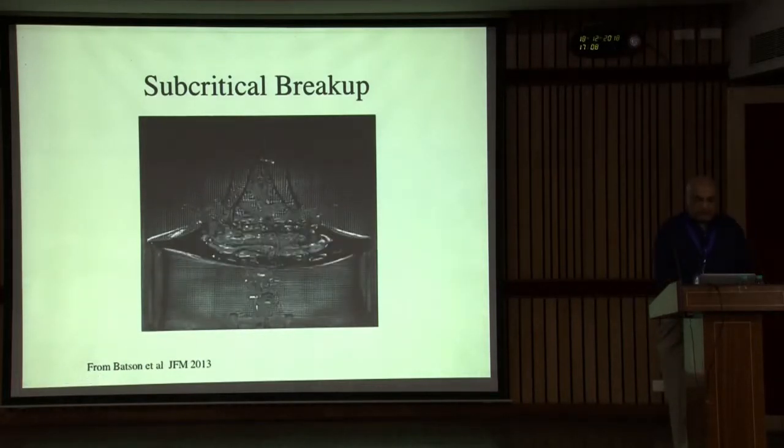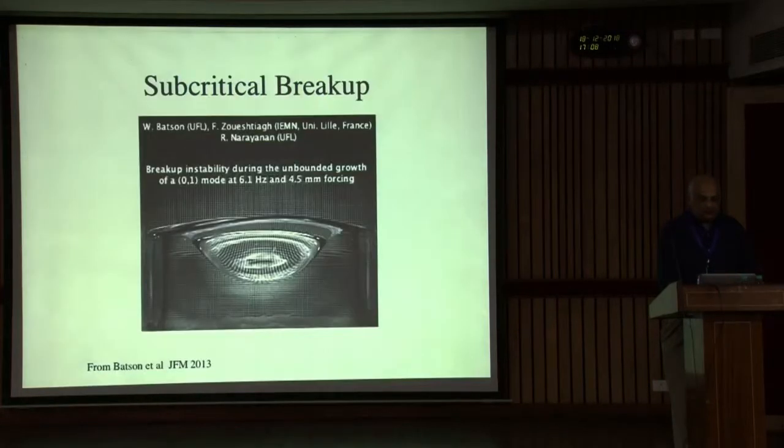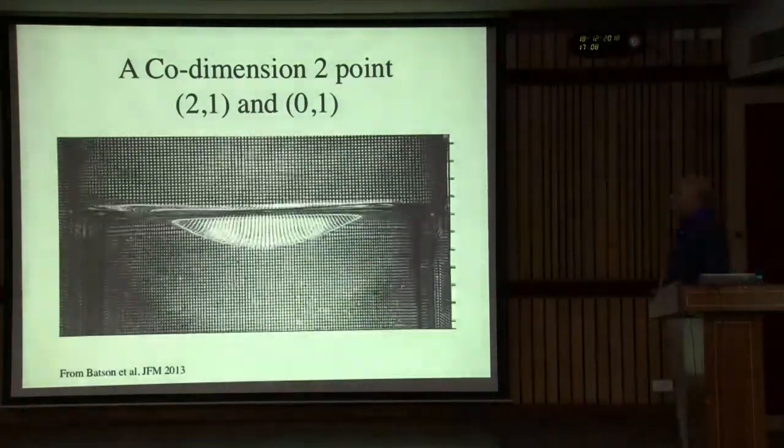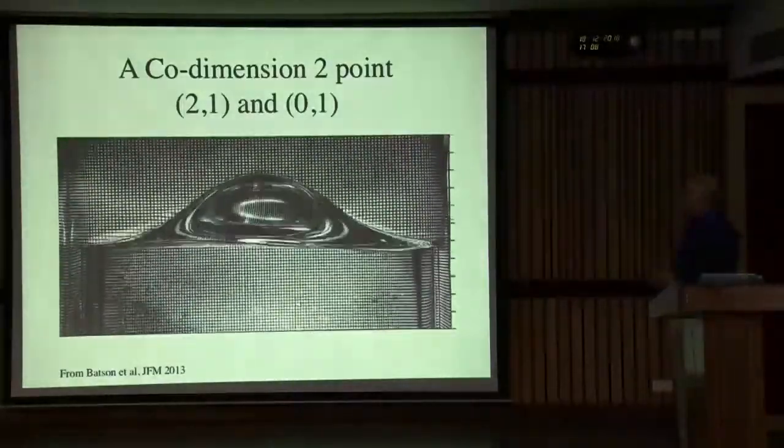Let me show you a case where now that earlier mode that I showed you earlier, right here, I'm going to show you a place where both these modes are now going to compete. So let's go here. Okay, you're going to see both modes, and they're going to compete. And this is precisely at that point, that so-called codimension 2 point.